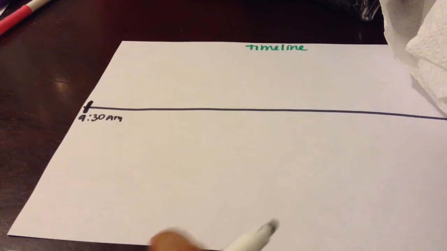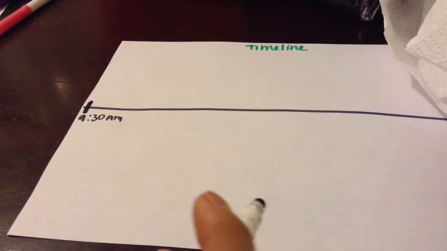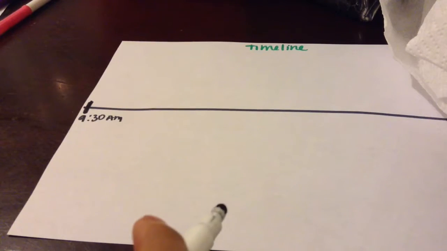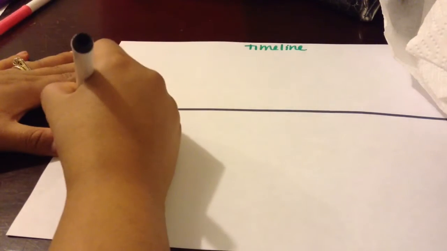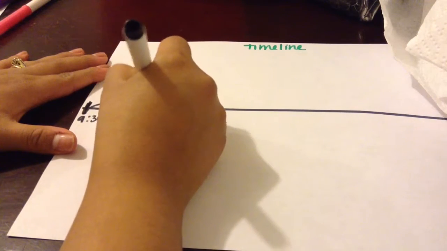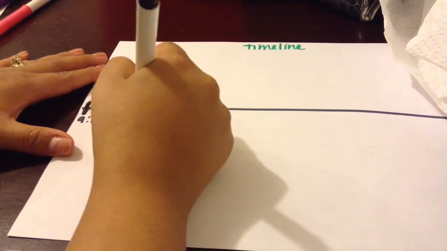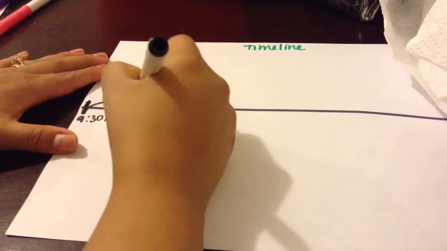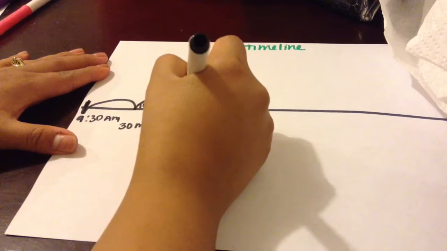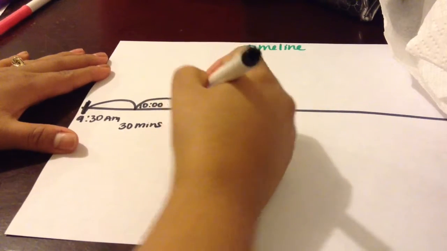Let's go ahead and start by using a whole number of time. So therefore, from 9:30 to 10 a.m. would be 30 minutes. From 10 to 11 would be 1 hour.